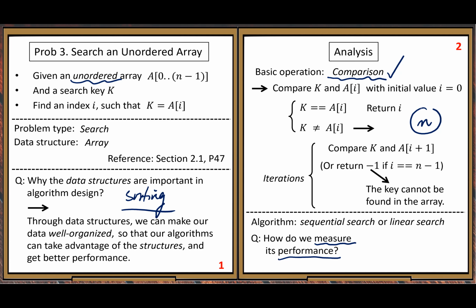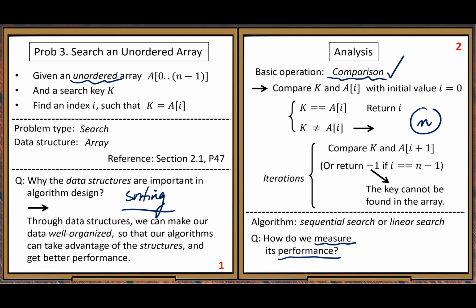Here we talk about the number of comparisons. If you want a range for the values of the array elements, that range may not have any impact on the comparisons, right?